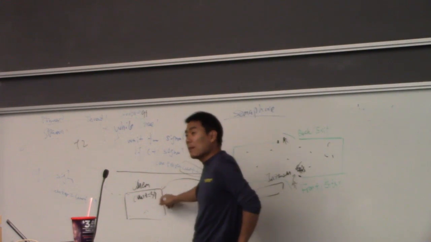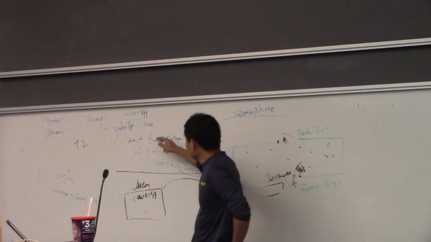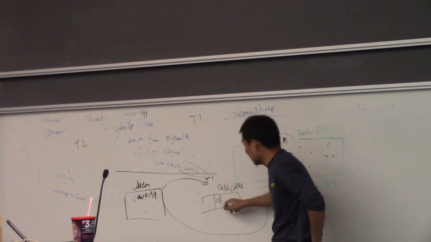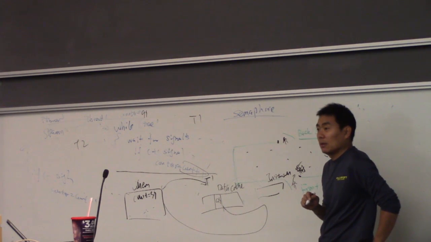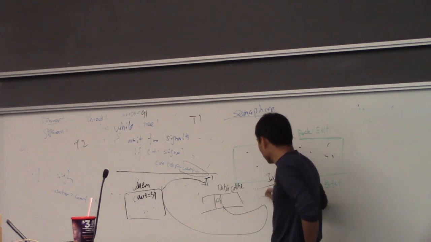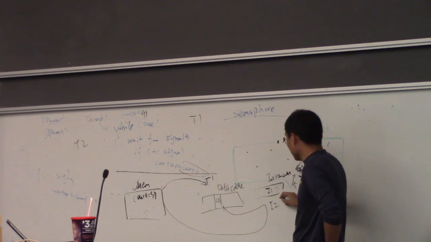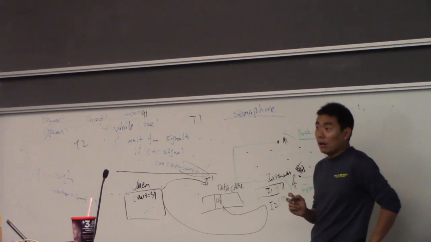But at the same time, remember that thread T2 will come in and try to access this as well. So there's instruction 1 and instruction 2. Instruction 1's knowledge is 99, instruction 2's knowledge is 99 as well.